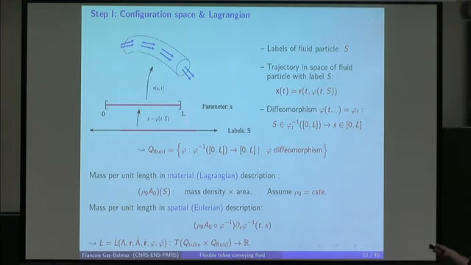So that's the model that we have to understand. Right? You have a moving tube given by r(s,t). That's the position of the center line. But inside you have a moving fluid. So you cannot easily describe a moving fluid in a moving object. So one approach is to attribute to each fluid particle a label.